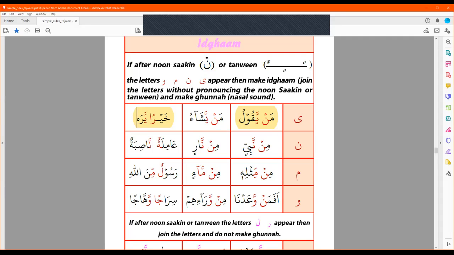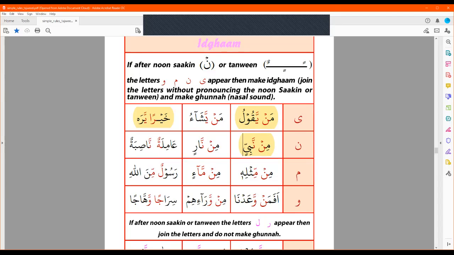Khayran yara. You see how I make a gunna, khayran, that is the gunna, and I don't pronounce the tanween sound. I don't say khayran. Why? Because that is the rule of idgham. Khayran yara. Same thing right here. Okay, here this one. Min nabiyyin, min nabiyyin.